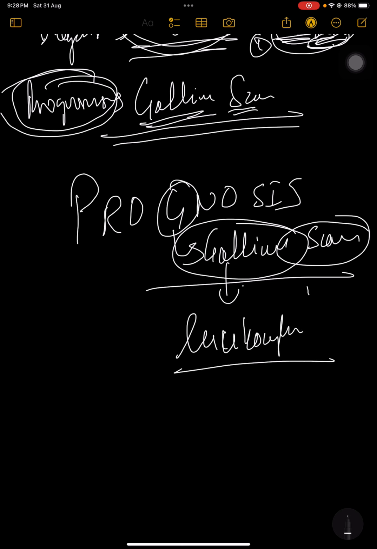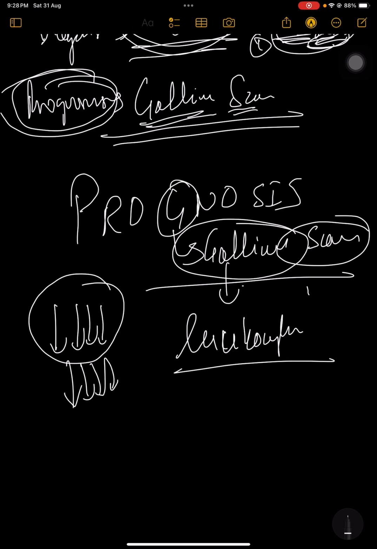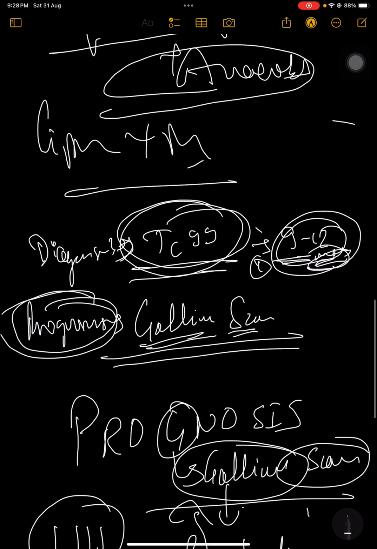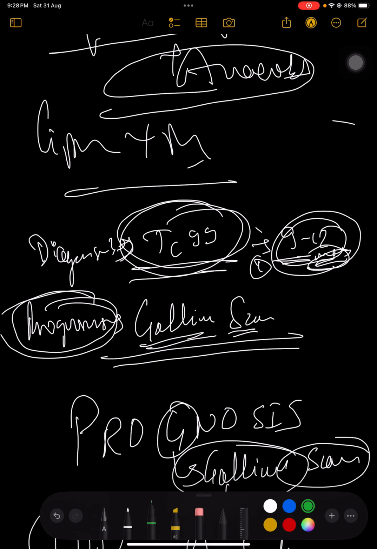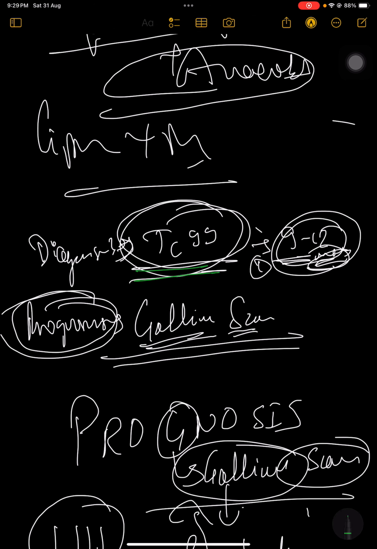So as inflammation decreases and leukocytes decrease, the gallium scan will also decrease. So this is the best prognostic marker. For diagnosis, osteoclastic activity is shown by technetium 99. I hope this much is clear.